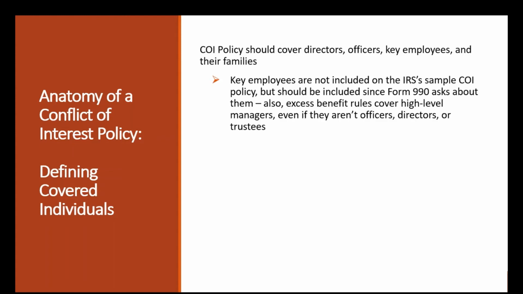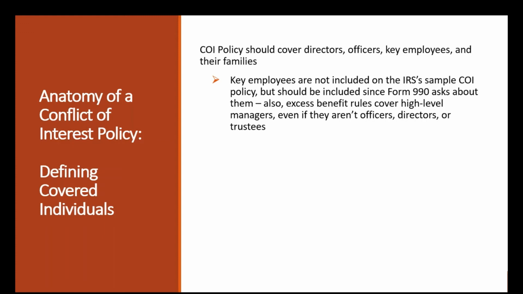Okay, anatomy of a conflict of interest policy. The first thing we want to think about is defining who the individuals are that are covered under the policy. So your conflict of interest policy should cover directors, officers, key employees, and their families. Key employees are actually not included on the IRS's sample conflict of interest policy, but we think they should be included because if you go back a few slides, the Form 990 asks if they're included on your conflict of interest policy.